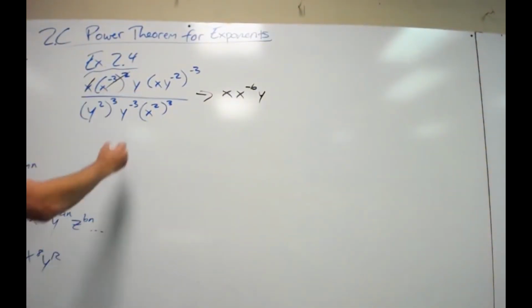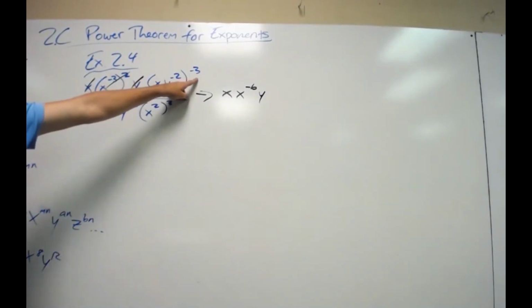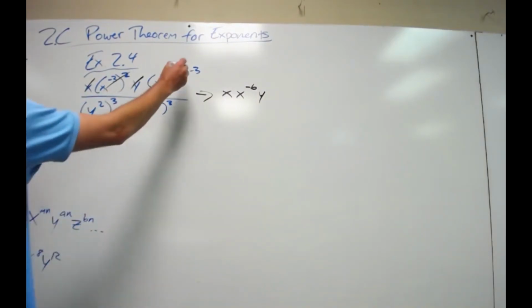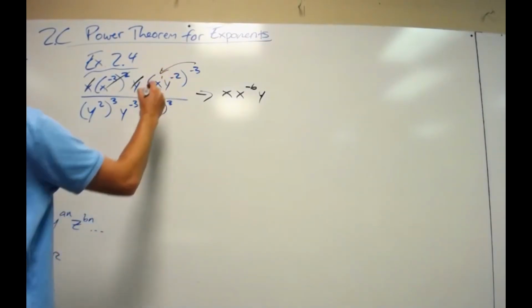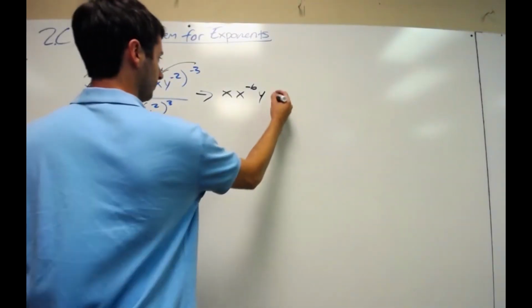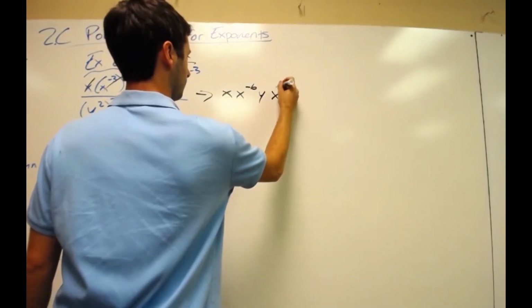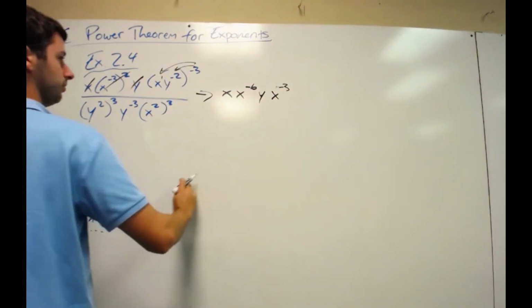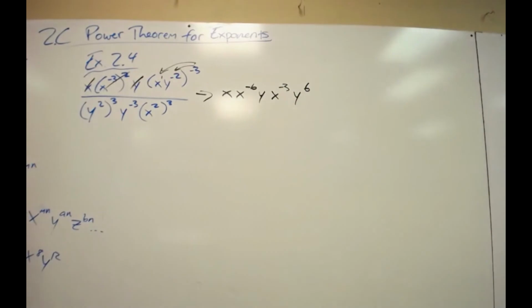Now we have everything inside the parentheses to the negative 3 power. So we multiply. Negative 3 times x to the first power, negative 3. Okay, then we have negative 3 times negative 2, y to the 6th power. So this is where we're at with the numerator.